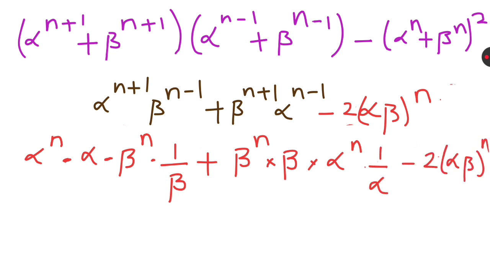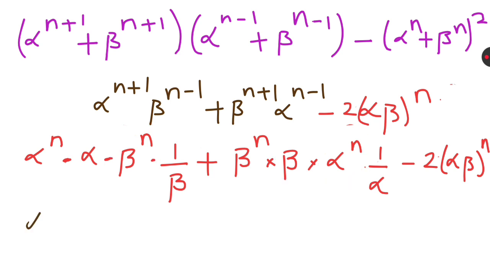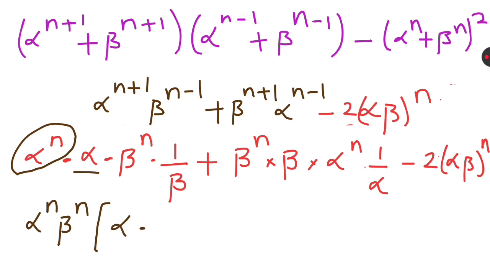Now observe the first two terms. Here we have alpha^n times beta^n, and here also we have alpha^n times beta^n. So let's take alpha^n times beta^n as common. Then if we take alpha^n as common, what are we left with? Alpha times, if we take beta^n also common, what are we left with? 1 over beta.